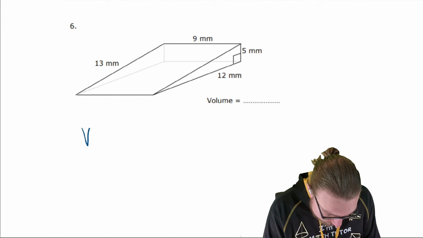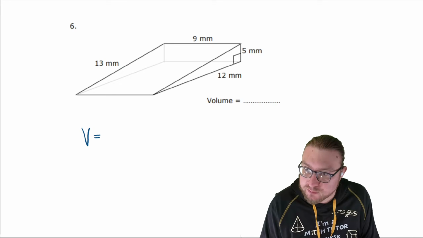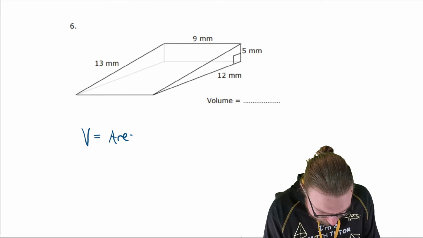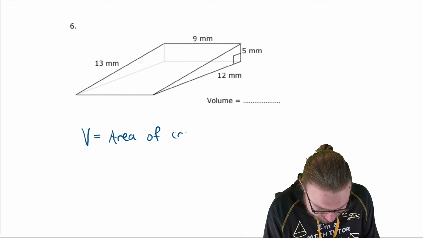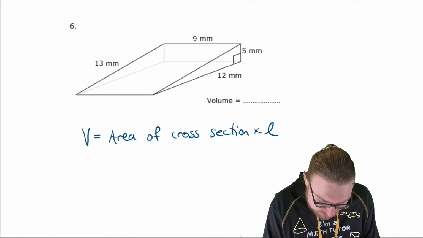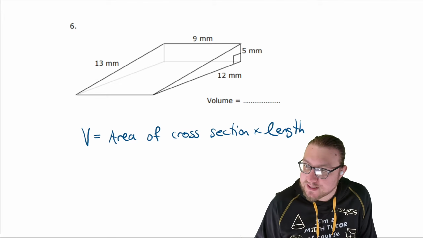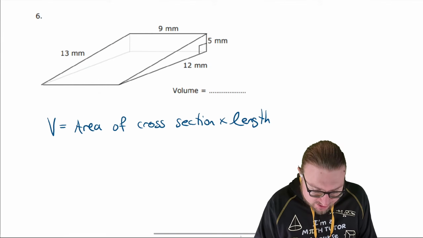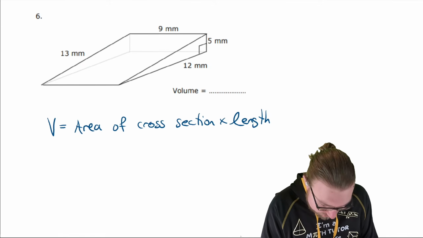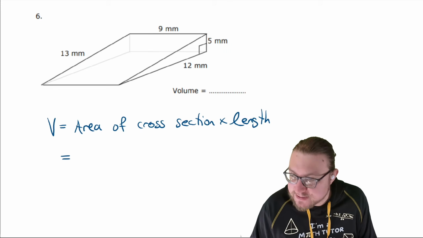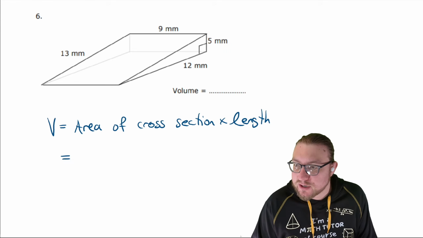So what is the volume formula for a prism? We have the area of the cross section times the length of the prism. And that is exactly what the formula sheet gives you guys. So let's put our variables and our numbers in. What is the area of a cross section?